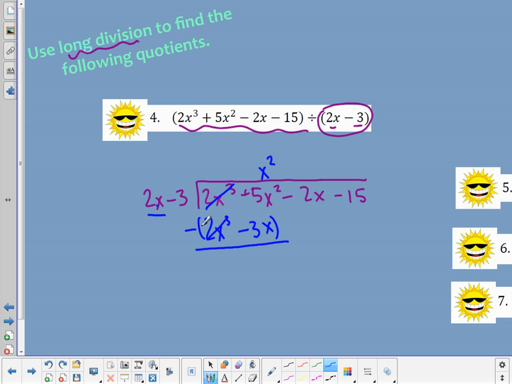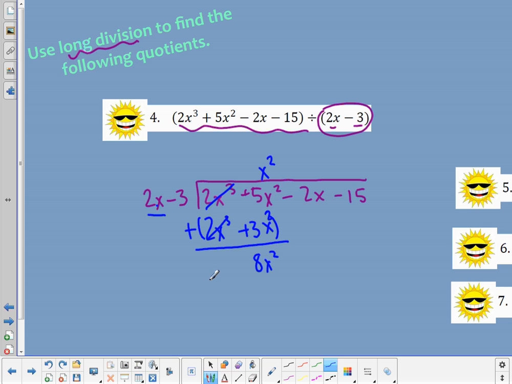The second two terms, you're now subtracting a negative, so you're actually adding a positive. 5x squared plus 3x squared is 8x squared. So be careful there, you're subtracting a negative, which turns into adding.